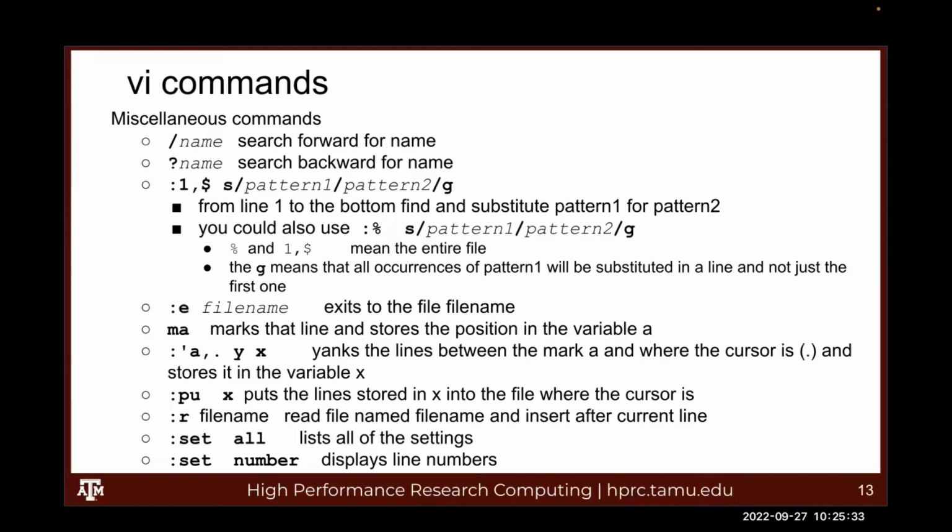If you don't have the g at the end of this command, it will only substitute the first instance of pattern 1 in a line. So if that string repeats multiple times within the same line and you want to replace all of them, you'll need to add the g.